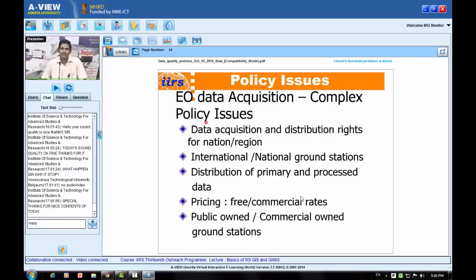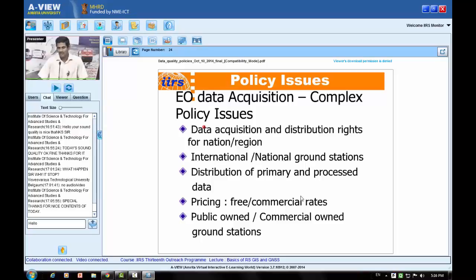Another thing is, there are so many issues related to satellite data. In some places, if you talk about microwave and lidar data, it is very expensive. When you talk about multispectral and panchromatic data, they are cheaper. At the same time, Indian data products are available for Indian users, and they are very much cheaper.